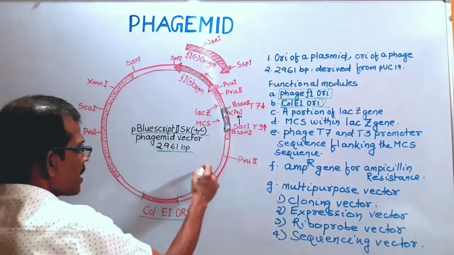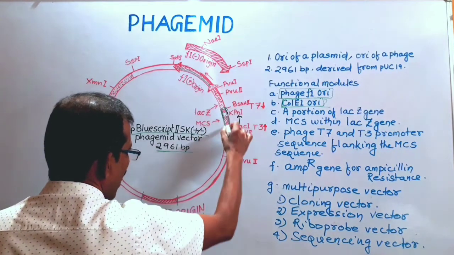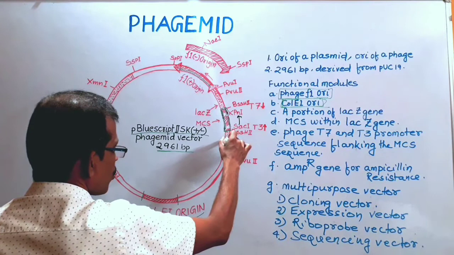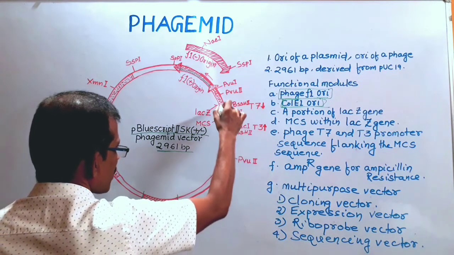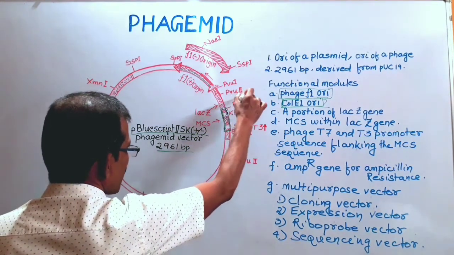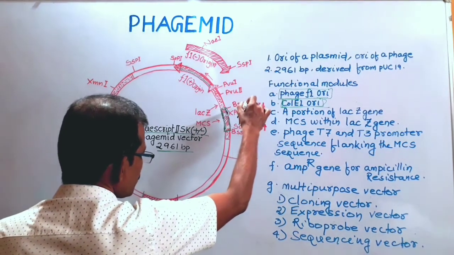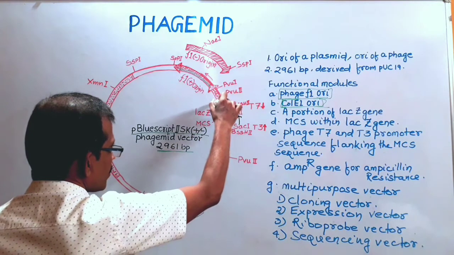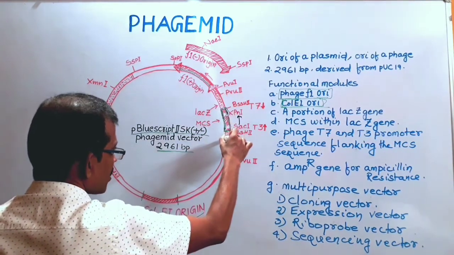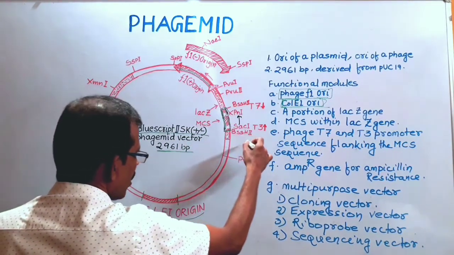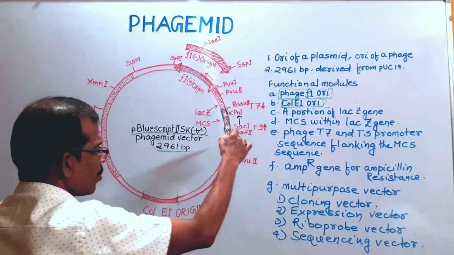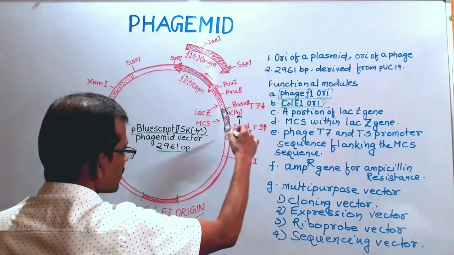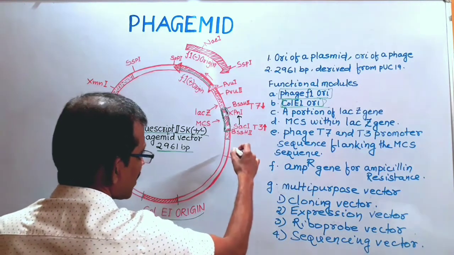This part of the lacZ gene codes for the N-terminal segment of the enzyme beta-galactosidase, and its presence provides for alpha complementation within the E. coli cells in which lacZ alpha function is lacking.